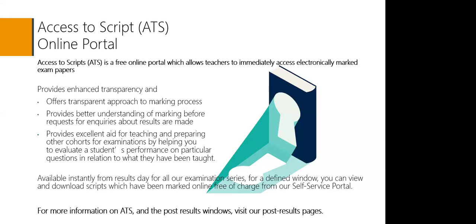The scripts don't have examiner annotation on them, but they do have the marks awarded for each question. Using Results Plus and access to scripts will help you identify topics and skills where your students could benefit from further learning. And it will also help you make decisions about EARs.